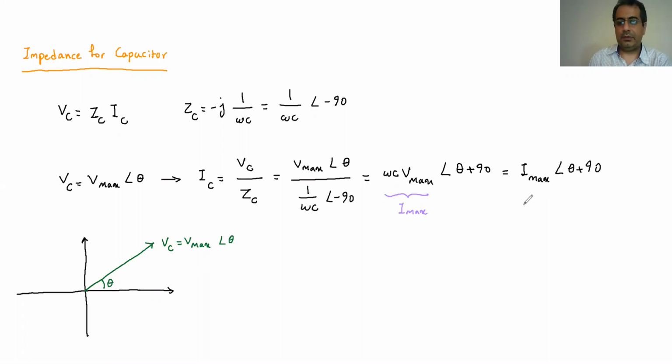So whatever the theta is, I have to add 90 degrees to that to get to the I. So if I add 90 degrees to that angle, I will get to the IC, which is going to be I max with angle of theta plus 90. So the angle between them is 90 degrees.